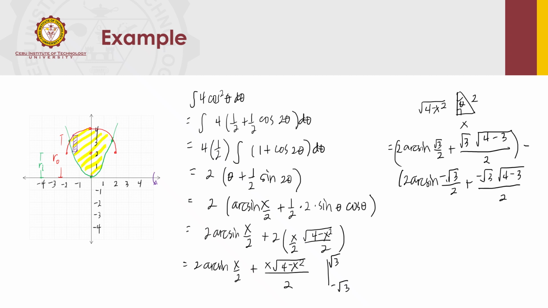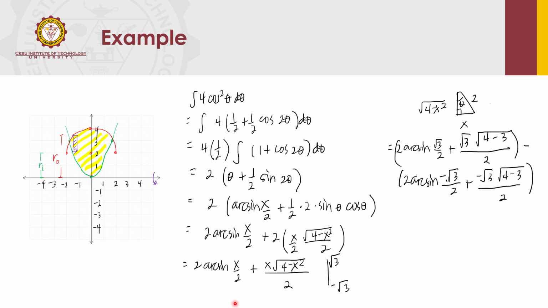So it's not 0. It doubles because this is positive, and this becomes positive. So that's 2 square root of 3 times this, which is just equal to 1.